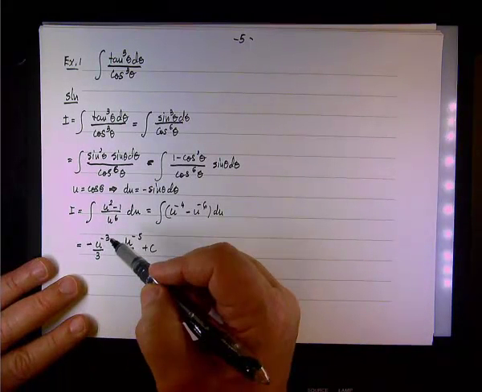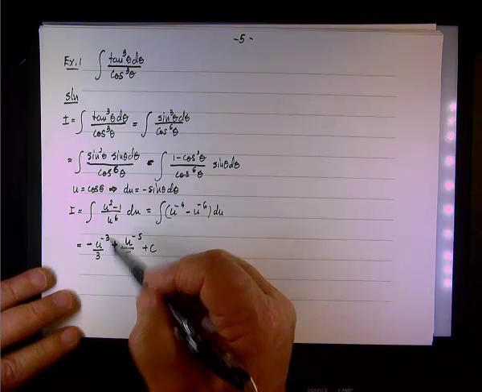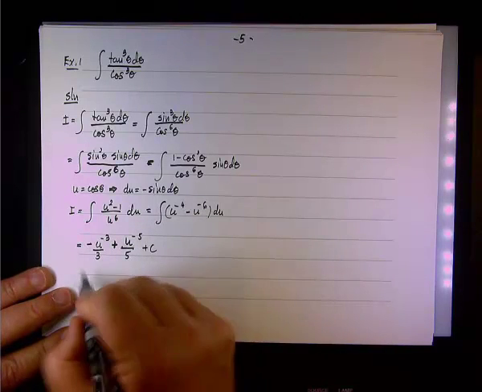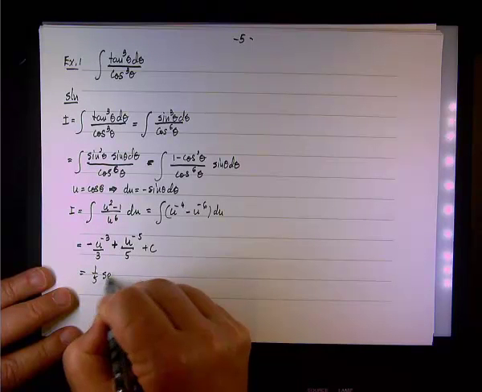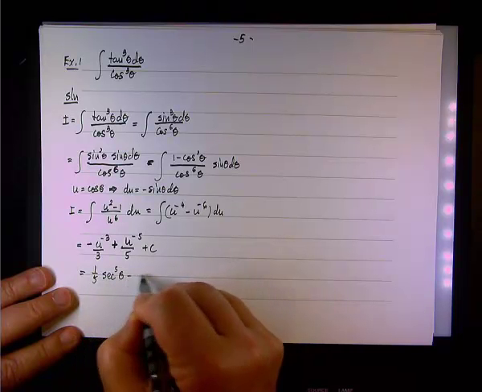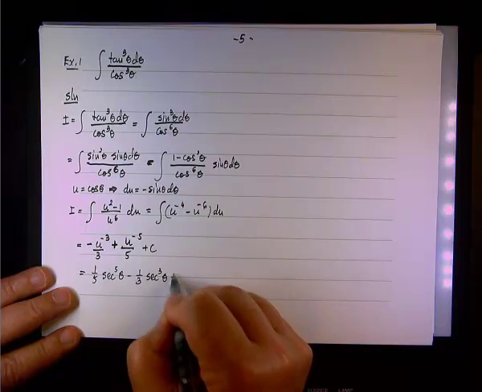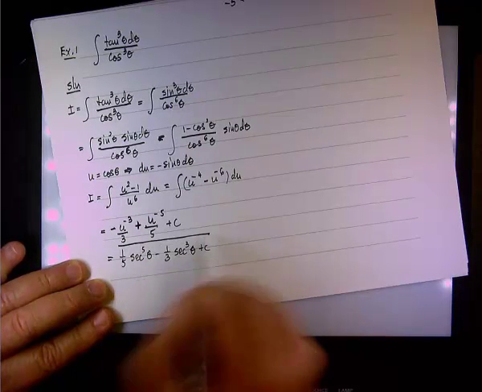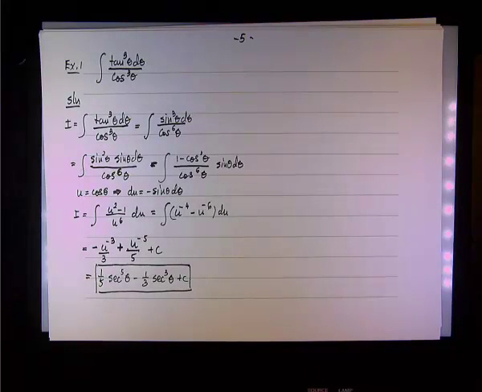Now, if u is the cosine, u to the negative 3 is 1 over u cubed, which is the secant cubed. So we end up having 1/5 secant theta to the 5th minus 1/3 secant theta cubed plus c.